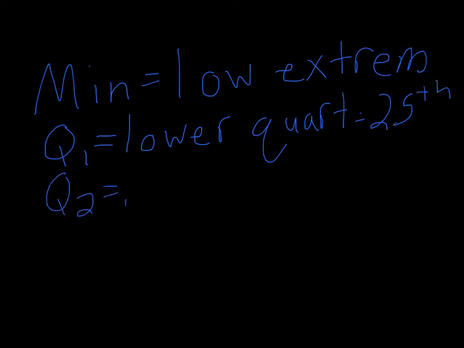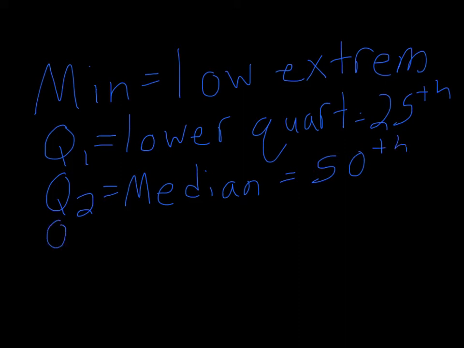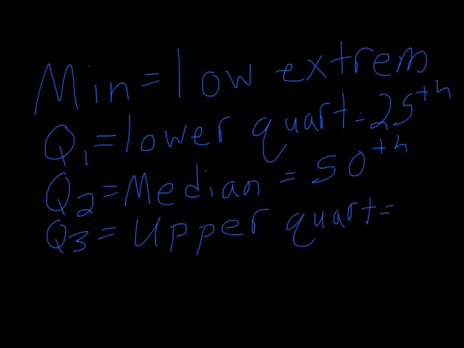Q2 is your median, which is also your 50th percentile. Q3 is your upper quartile and is also your 75th percentile. And then your max is what they will call your upper extreme.